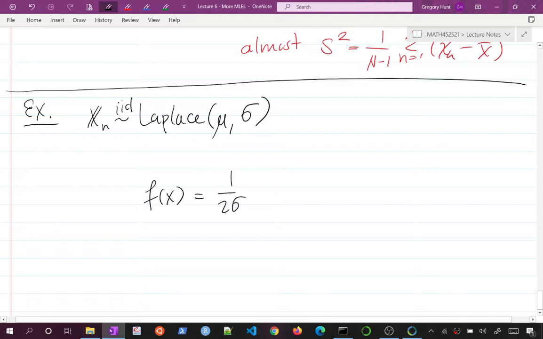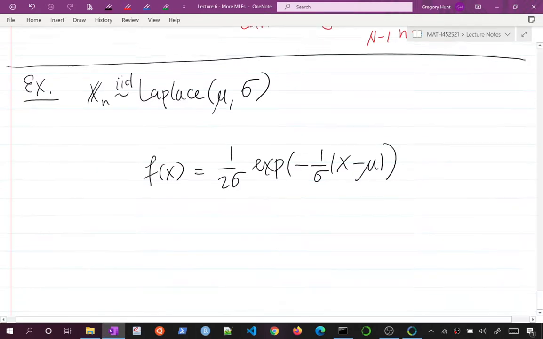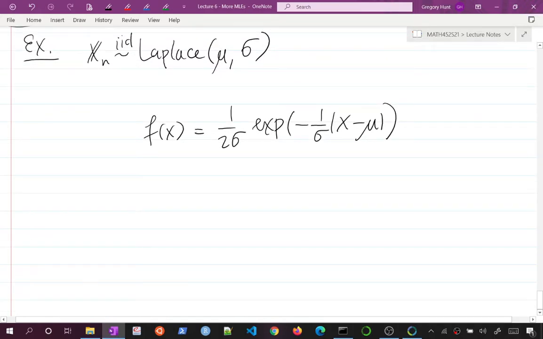1 over 2 sigma, exponential of negative 1 over sigma times absolute value of x minus mu. So it looks a lot like the normal distribution, hence the two similar parameter names. But instead of the square in the exponential, that would normally be x minus mu squared, it's the absolute value. And so I kind of answered this question about why don't we use this? And you could in some cases.